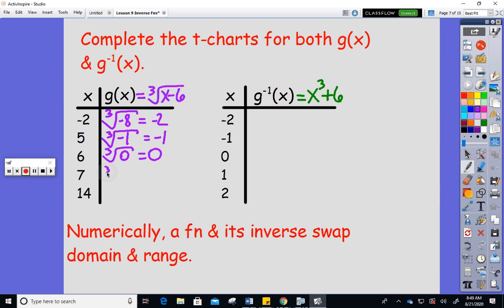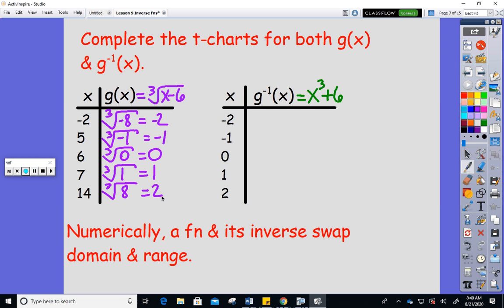When I plug in 7, I'll be taking the cube root of 1, which is 1. And when I plug in 14, I'll be taking the cube root of 8, which is 2. So when I build a t-chart for weirder functions, I'm strategic in my choices of x because then I don't get so bogged down. The t-chart doesn't take as long. I don't need my calculator in order to get decimals, and I don't have weirdo points to plot.